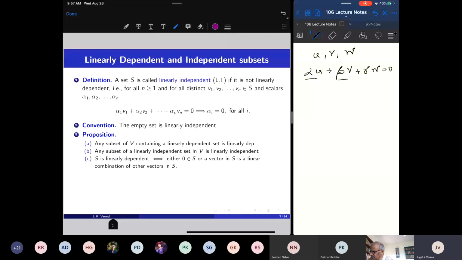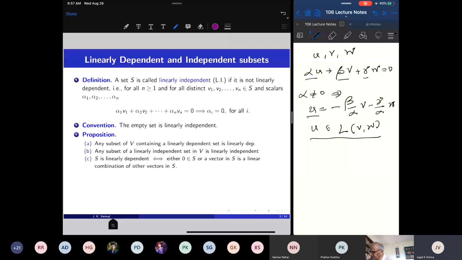Non-trivial means one of these scalars is non-zero. Suppose alpha is not 0. This means that u can be written as minus beta over alpha v minus gamma over alpha w. So therefore u belongs to the linear span of v and w.